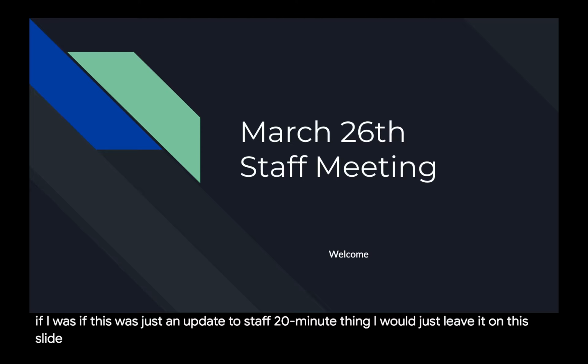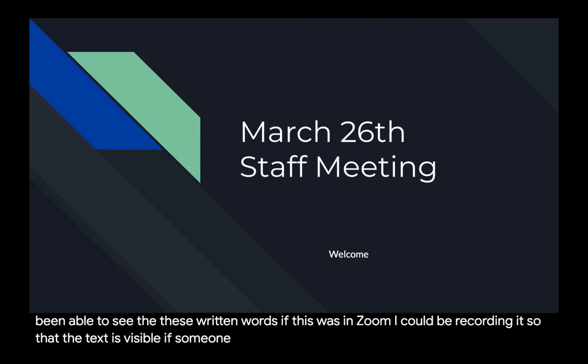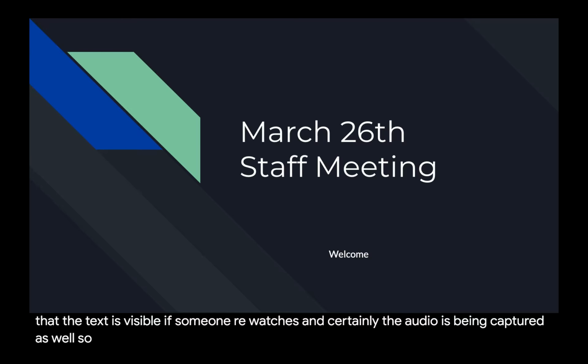And then by the end, folks would have been able to see these written words. If this was in Zoom, I could be recording it so that the text is visible if someone re-watches, and certainly the audio is being captured as well. So it just kind of hums along down there at the bottom.